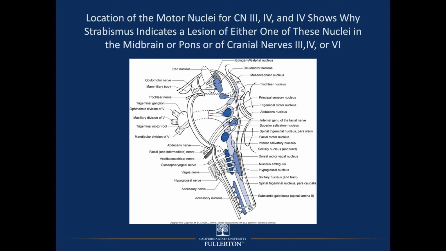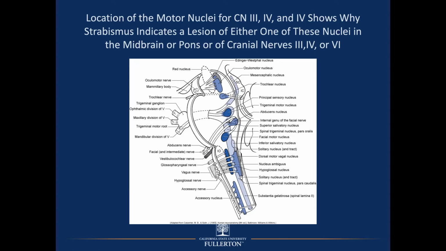As a result of interrupting ascending sensory pathways and descending motor pathways to the body, that right side stroke in the pons will result in a left hemiparesis and left side loss of pain, temperature, fine touch, and proprioception.